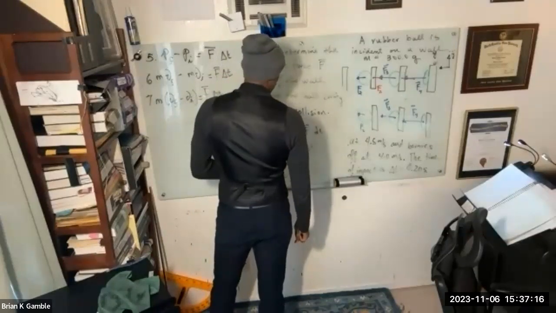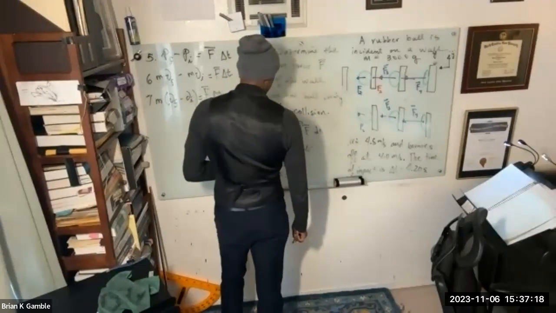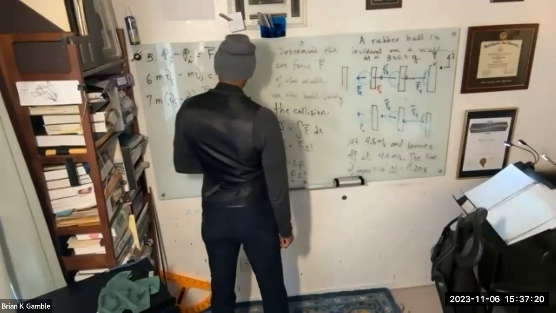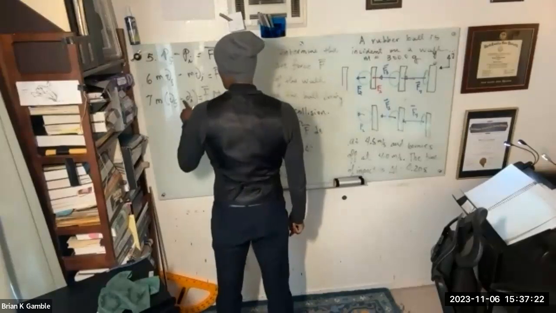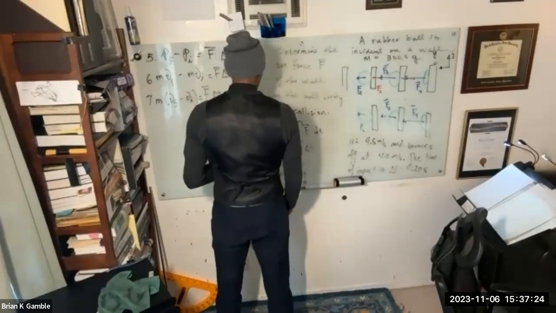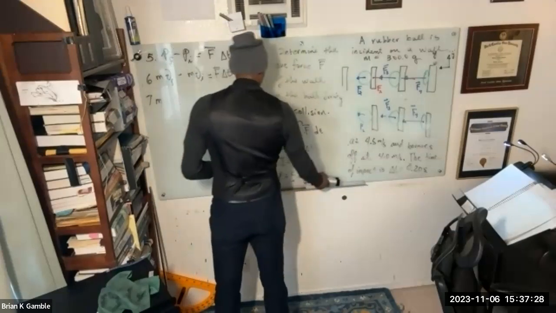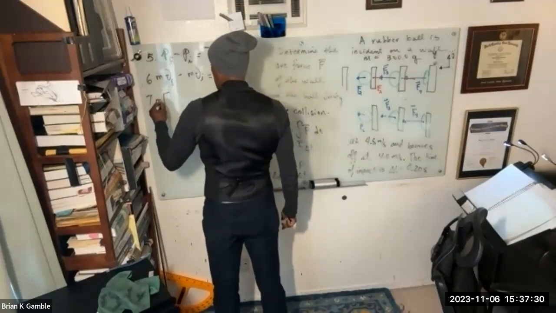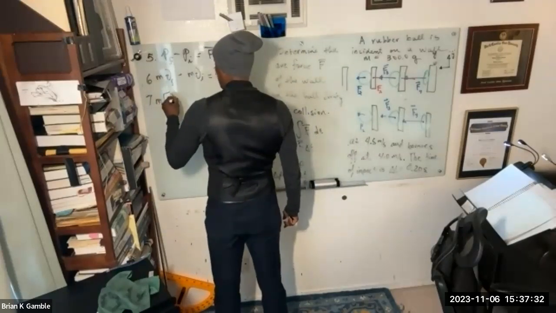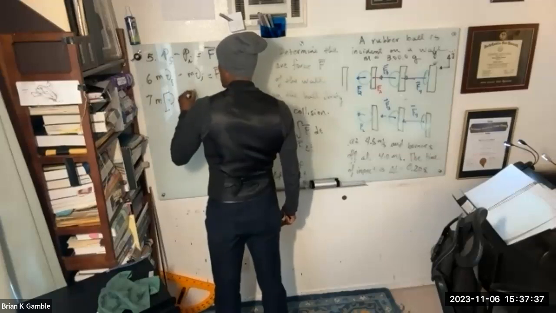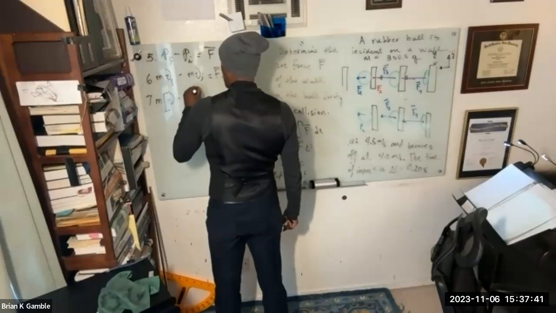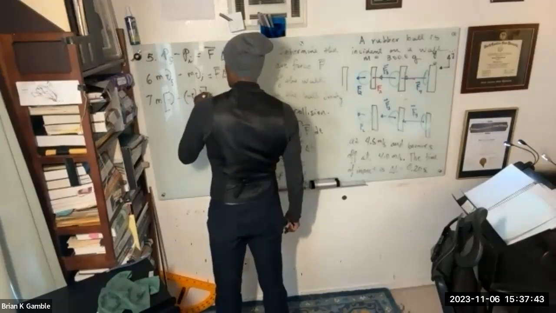Sorry, I almost made a mistake. It's minus, but then the velocity itself was minus. The exact issue I told you to watch out for, and I did it. V final minus, quantity minus, because this is a vector quantity, so you have to take that into consideration.